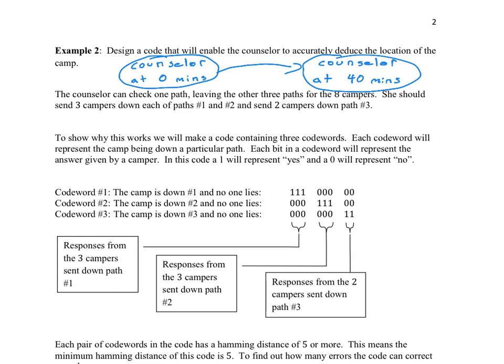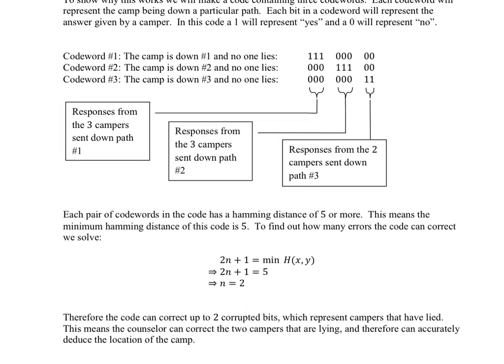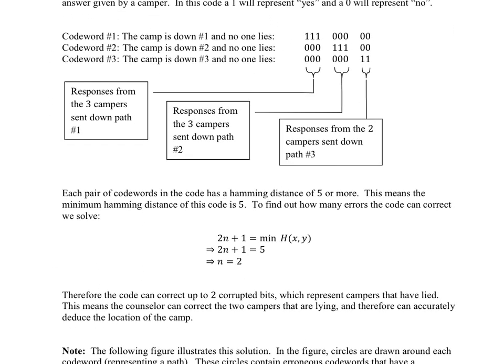Now, let's remember, anytime we design a code, if we're thinking about trying to correct a digit error, what we want to know is what the Hamming distance is. That will help us deduce how we're doing with the digit error. So our Hamming distance is 5 or more. Let's check that. So the distance between the first pair of code words is 6.